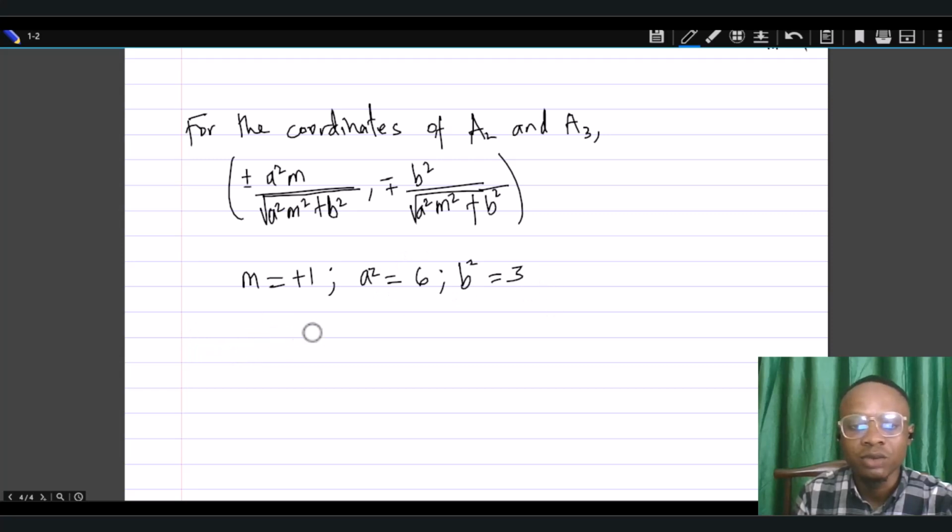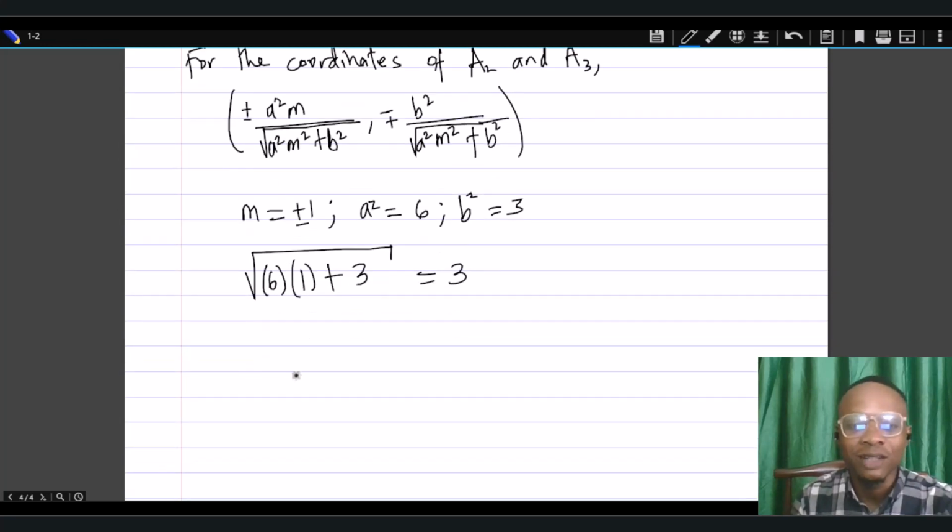The root of a squared m squared: a squared is 6, m squared is 1, so whether it is plus 1 or minus 1, that is going to be 1. Then plus b squared, and our b squared is 3. So when we put this together, that will be the root of 9, which is 3. Of course, we know it's plus or minus 3, but we already have plus or minus 3 here.